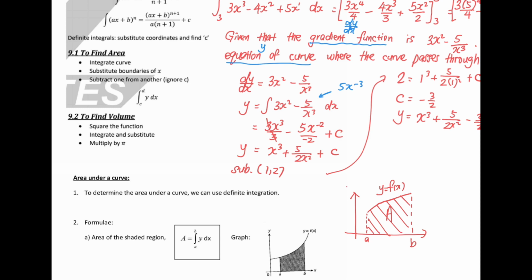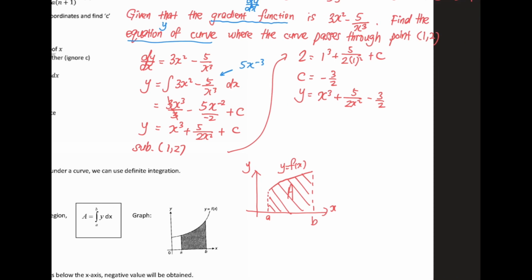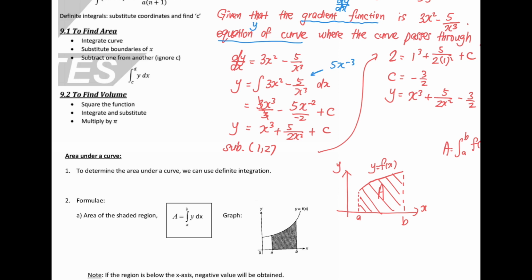So what to do is you have to integrate from A to B. You integrate f(x) dx. So that is how we find the area. Okay, in general, we have to do it like this.